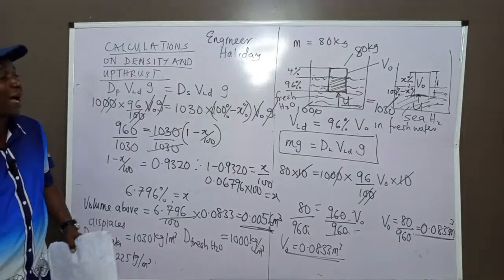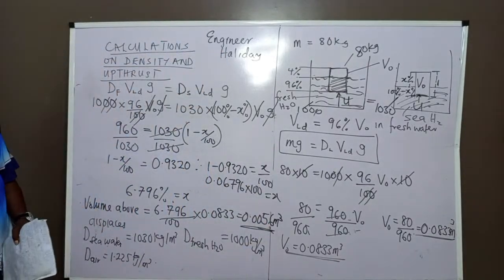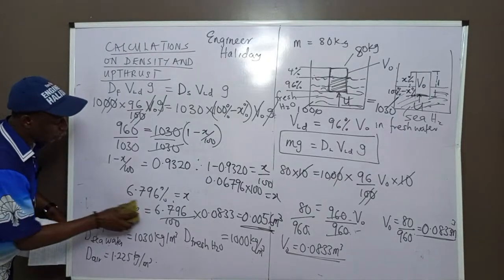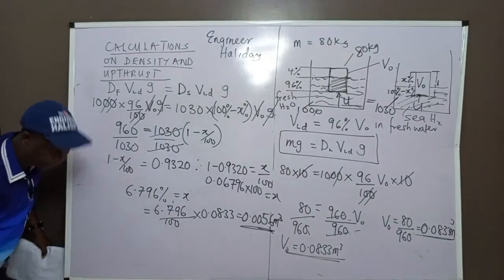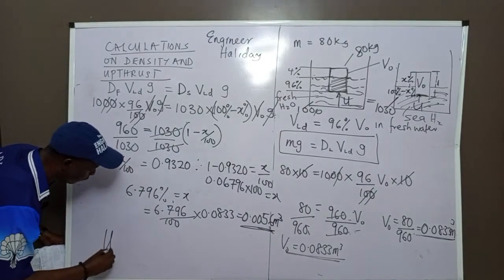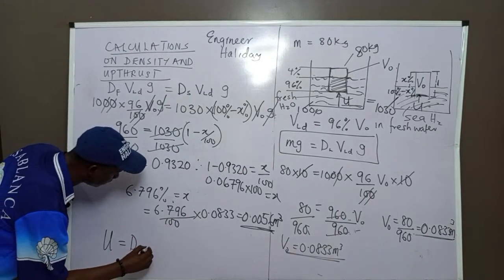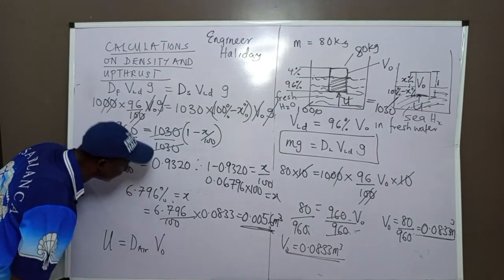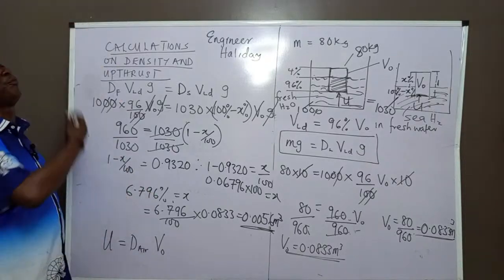Now, the last part of this particular question is, what is the upthrust of the body displaced in air? What is upthrust? It's not very hard. It will displace in air, so the density of air times the volume of the object, because when a body displaces a volume in air, it displaces the entire body.